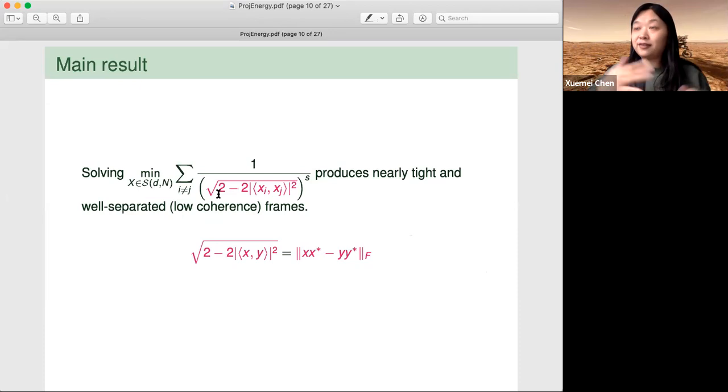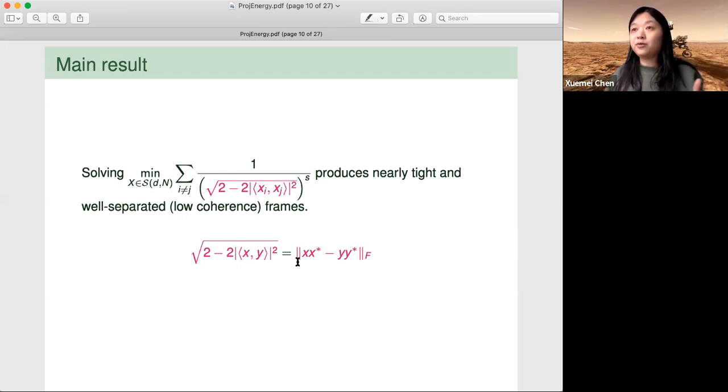Then this kind of kernel, right? So this highlighted numerator and denominator here. I just want to explain, it may look weird, but this is really just the distance in the projective space.